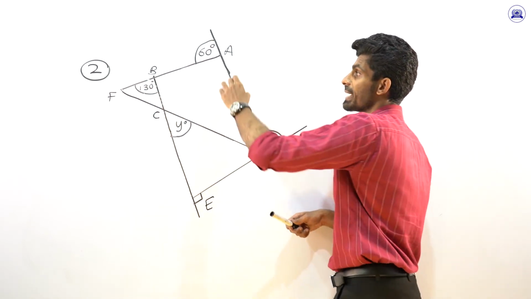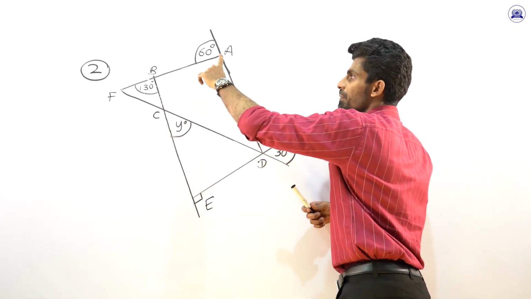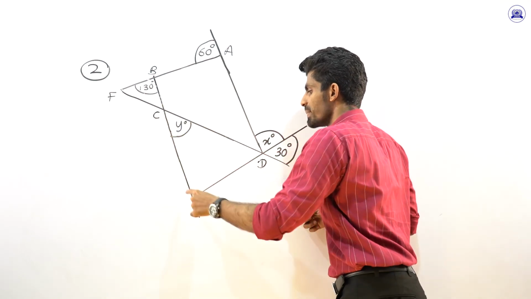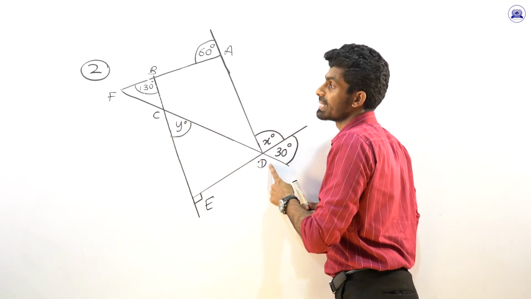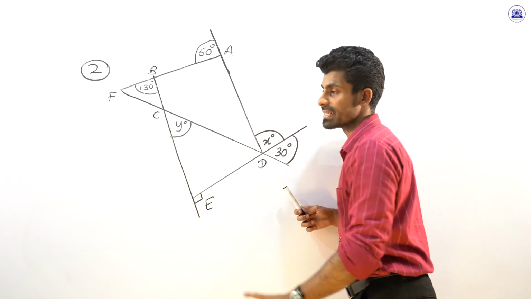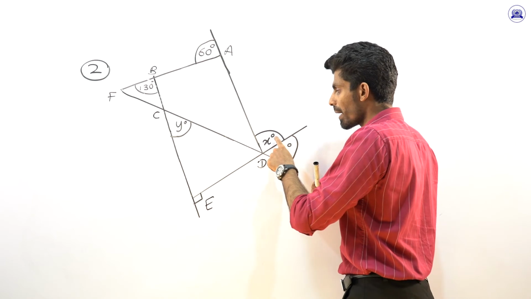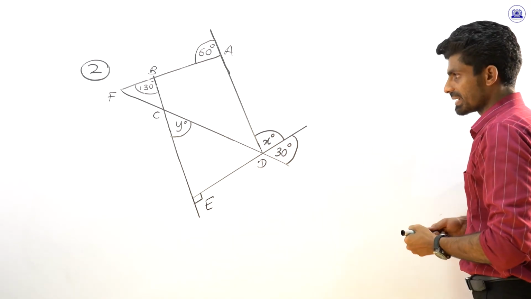I'm just considering the quadrilateral ABED. If we consider ABED, you can take 60 as an exterior angle, 130 as an exterior angle, 90 as an exterior angle, and X is an exterior angle.